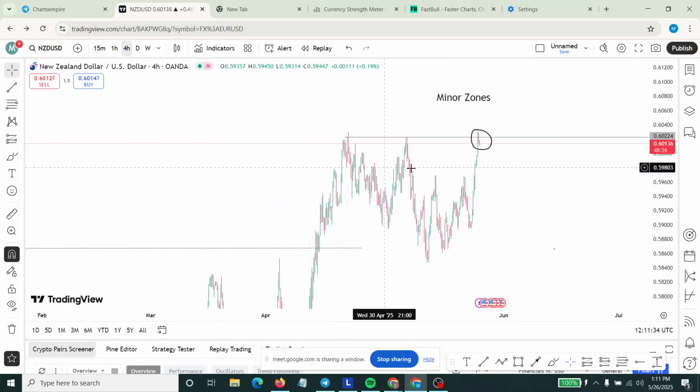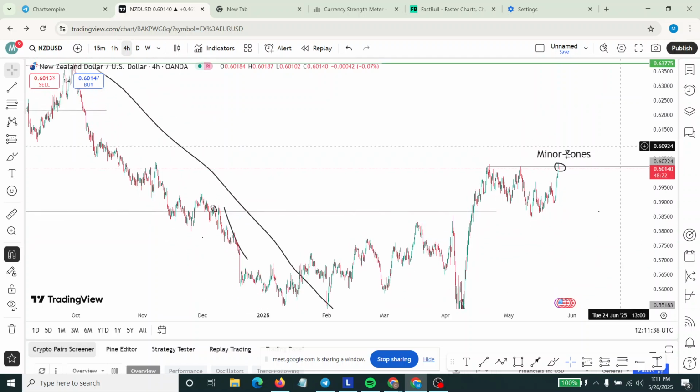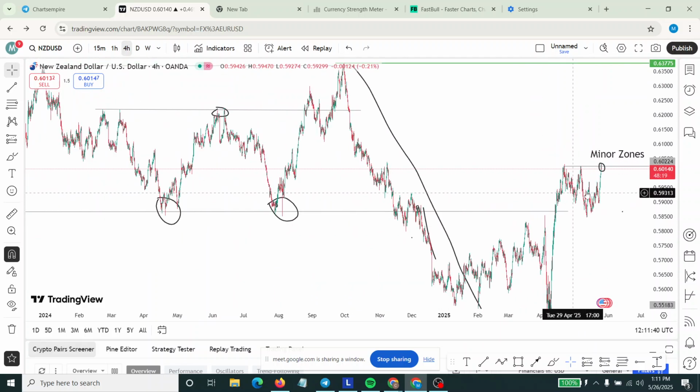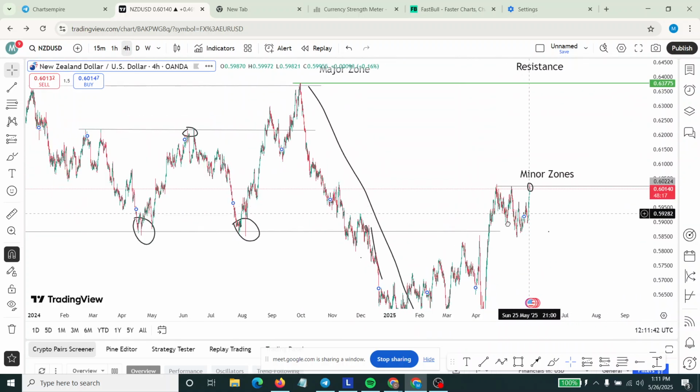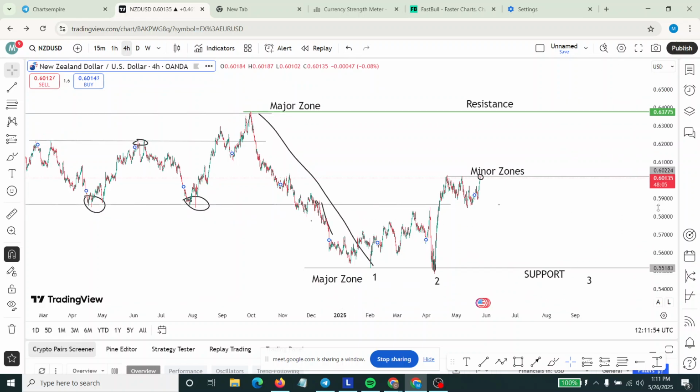So this resistance zone now, we will classify it as a minor resistance or a major resistance. The point, that's a minor. Yes, it is a minor because it is still in the range of this major resistance and the major support.